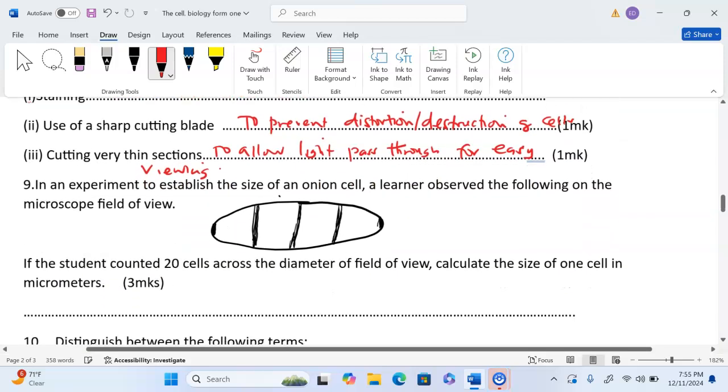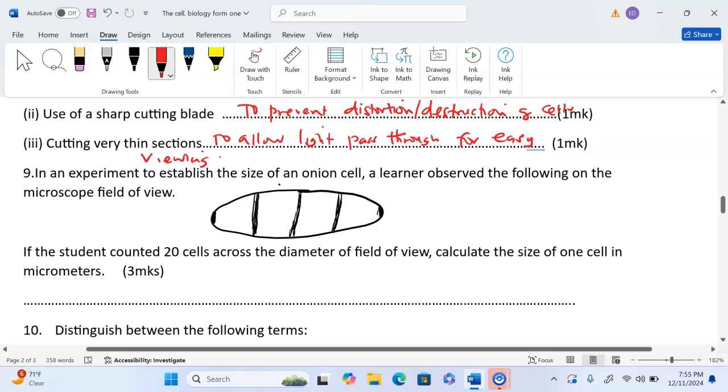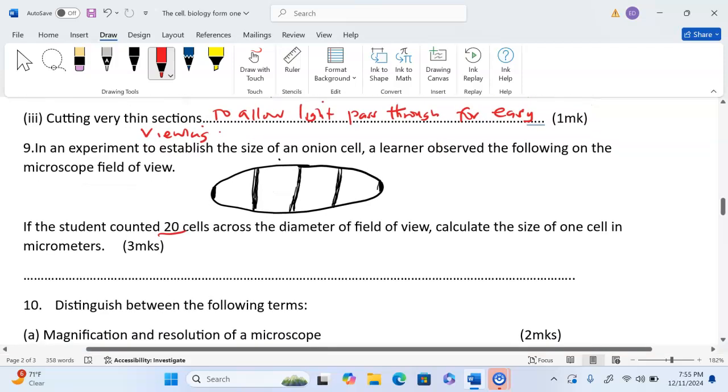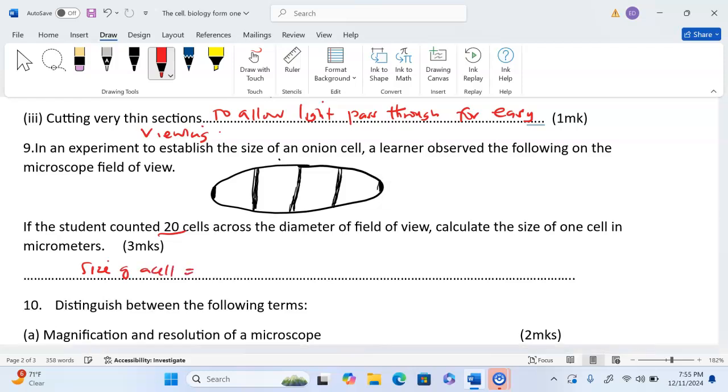We go to question number 9. In an experiment to establish the size of an onion cell, a learner observed the following on the microscope field of view. If the student counted 20 cells across the diameter field of view, calculate the size of one cell. We know that the size of the cell is given by diameter of field of view in micrometers, you divide by the number of cells. When you are not given the diameter of field of view, then you count the number of spaces given.